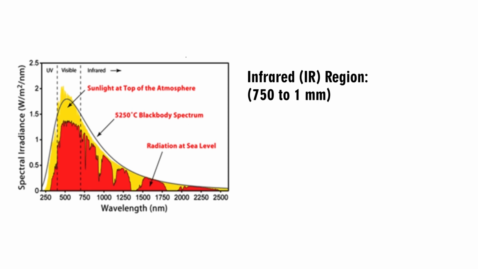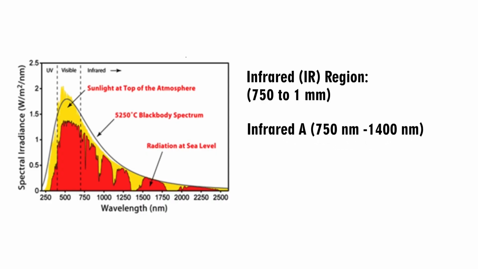Now we will understand what is the infrared region. Its wavelength range is from 750 nanometer to 1 millimeter. It accounts for a significant portion of the solar radiation that reaches the Earth's surface. It is further subdivided into three parts.